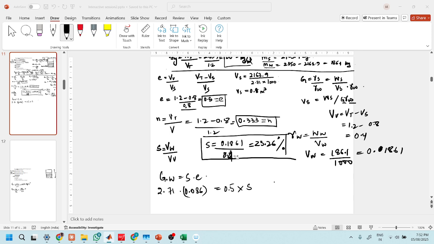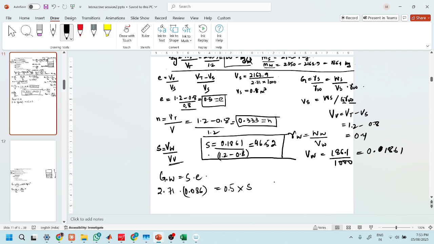Now it matches. We were taking the wrong volume. We were to take 1.2 minus 0.8 there. It was volume of voids. So the formulation was correct, just the numbers were wrong. You can change the answer, madam, here. 23.26 you can erase. It is 46.52. Done, okay, madam.